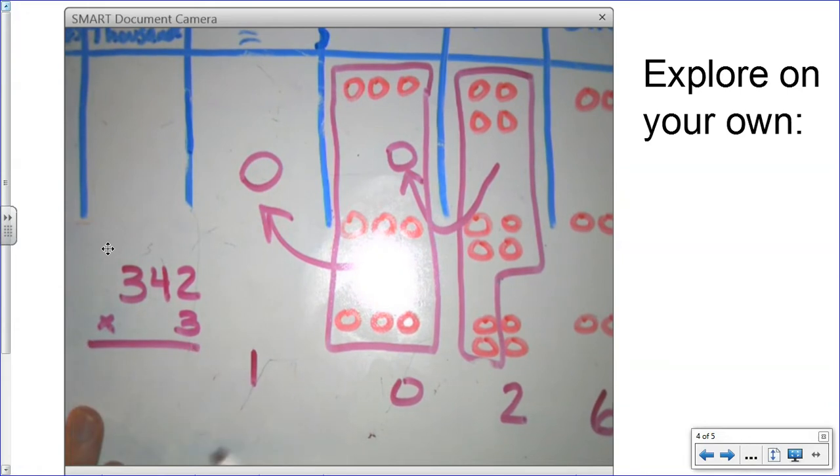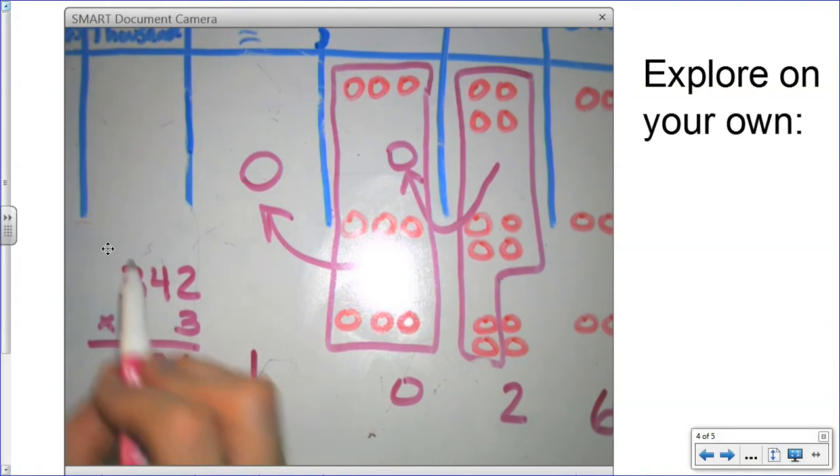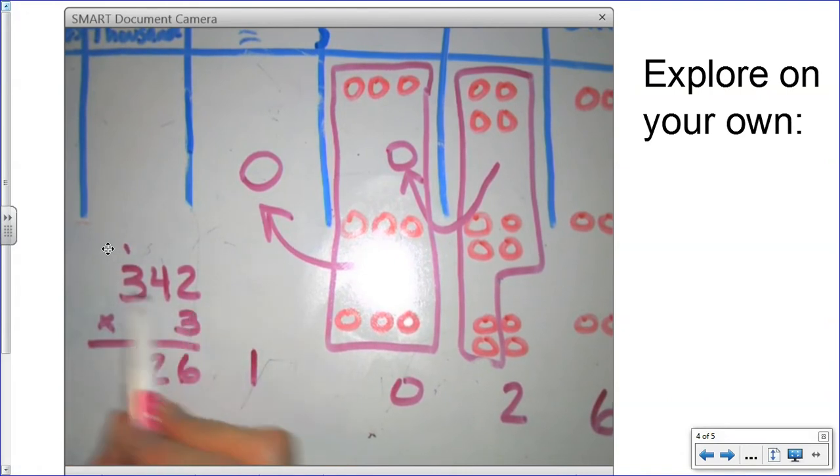And if I run this number through with my algorithm, I have 2 ones times 3 is 6 ones. I have 4 tens times 3 is 12 tens, and I carry. I have 3 hundreds times 3 is 9 hundreds plus 1 hundred is 10 hundreds, or 1,000.